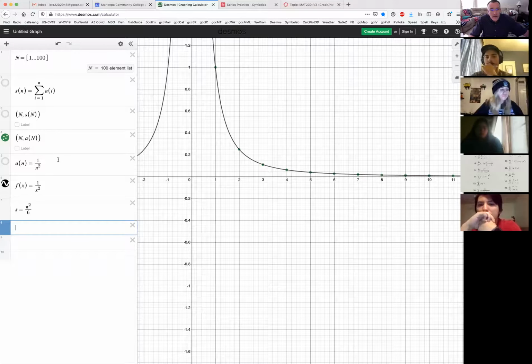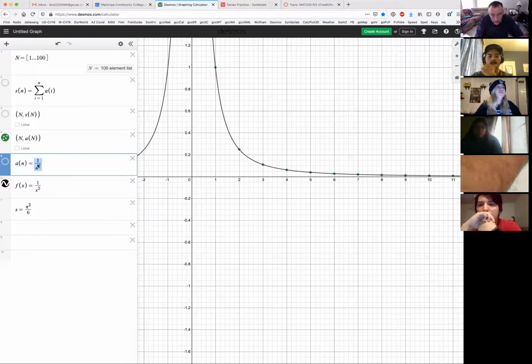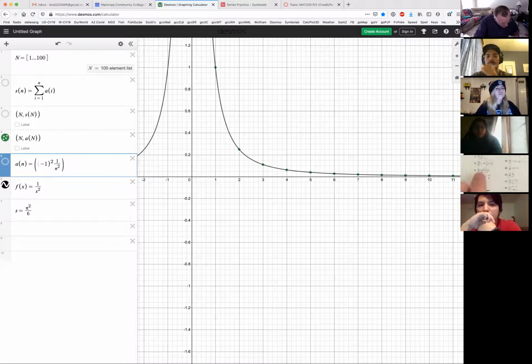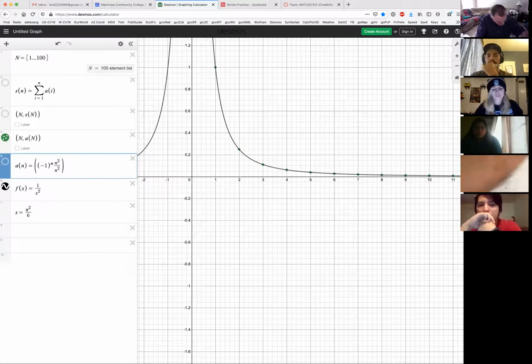You're going to go to Desmos and you're going to put it in here. What was it? It was -1 to the n. Which one was it? -1 to the n. Good grief, my thing's not being too happy here. -1 to the n. On the top, we had n squared minus 1.